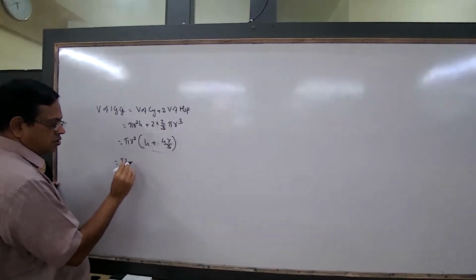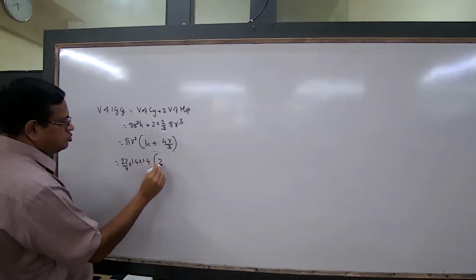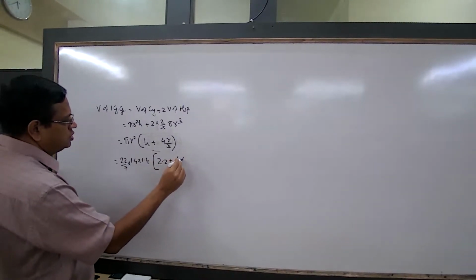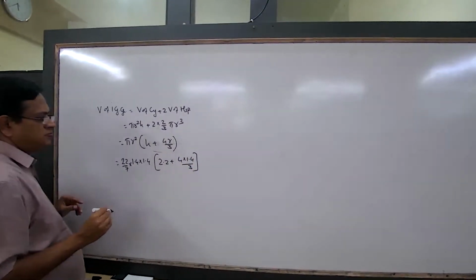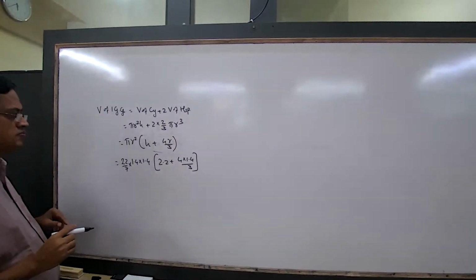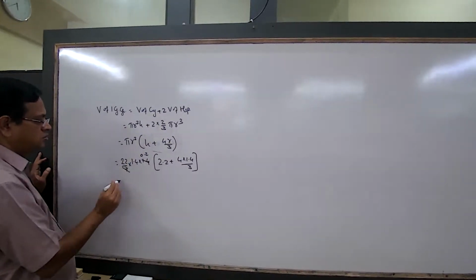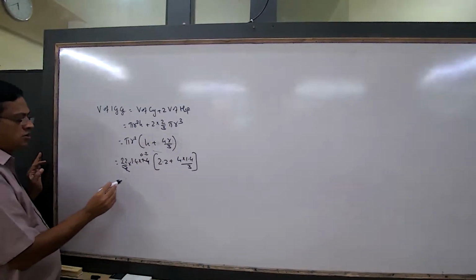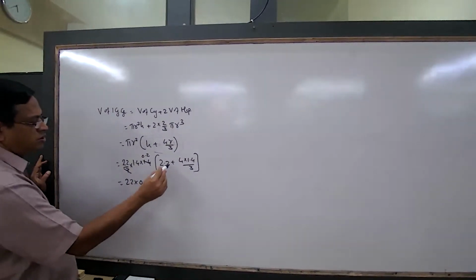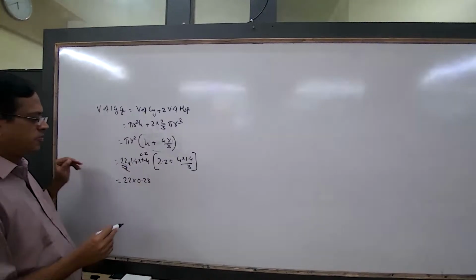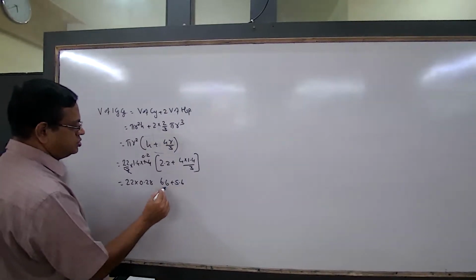Yes. 1.4 multiplied by 1.4, into 2.2 plus 4 into 1.4 divided by 3. This is cancelled and you will get 0.2. That is, how much will you get? 22 into 0.28. And this will come as 6.6 plus 5.6 divided by 3.